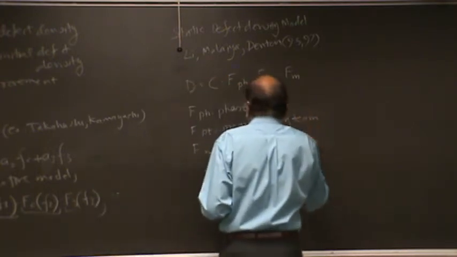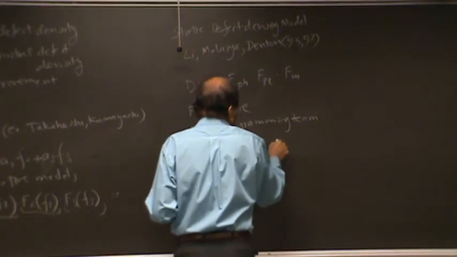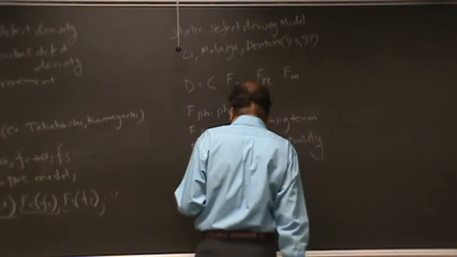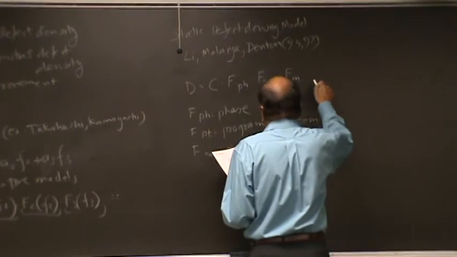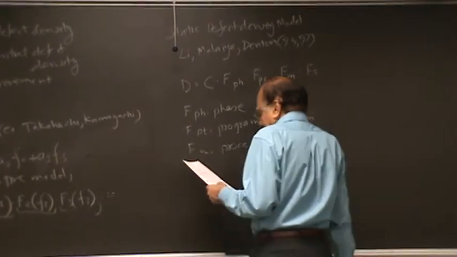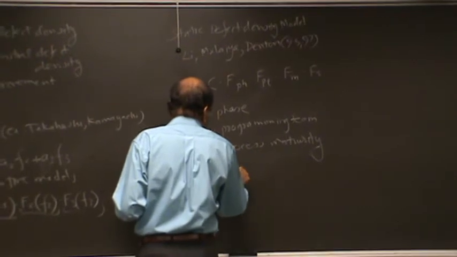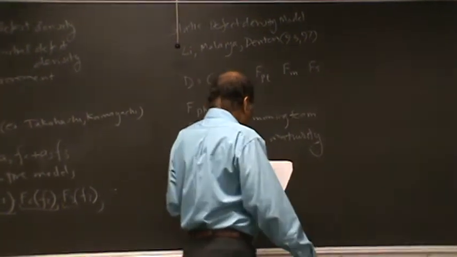M is the process maturity. And F sub S is structure, the structure of the software.